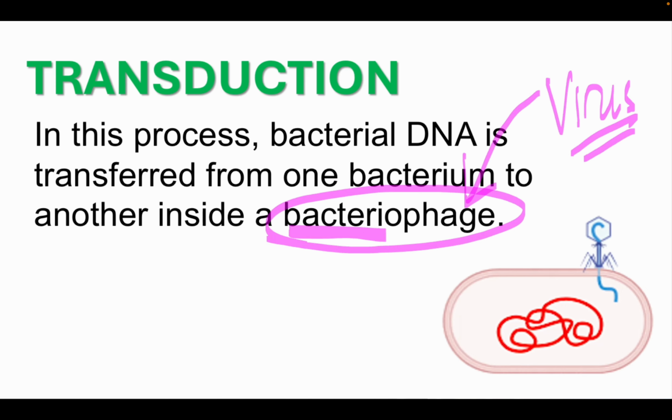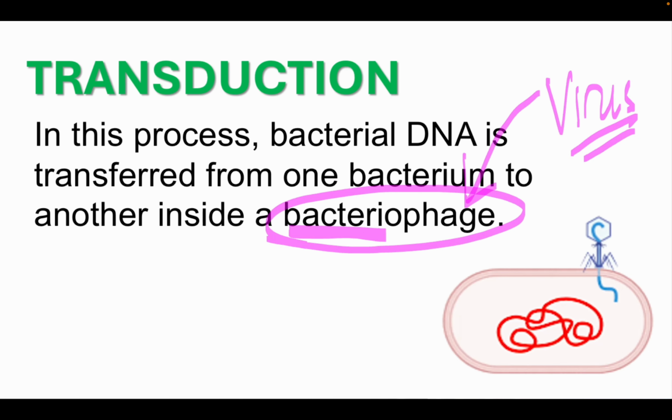So you can observe that in conjugation, but in transduction, there is no requirement of physical contact between the two cells. So what is happening here is that the bacteriophage, class, can be used to carry the bacterial DNA so that the bacterial DNA will be multiplied or replicated.